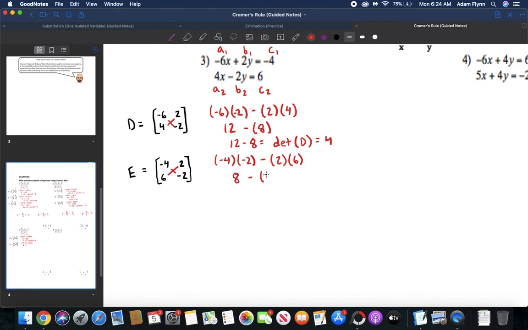Minus 2 times 6, which is going to be 12. I'll rewrite it without parentheses, so I've got 8 minus 12, which means the determinant of E is going to be negative 4.